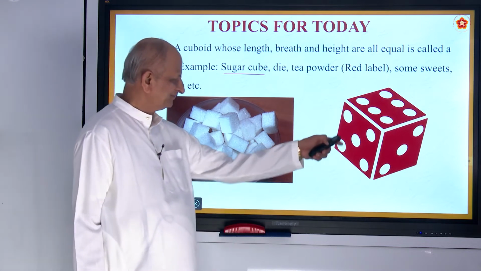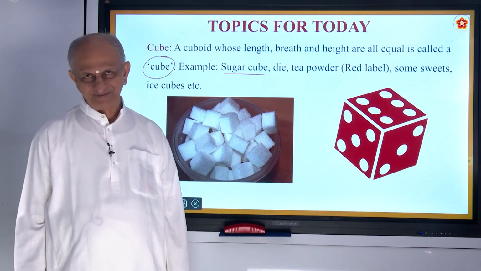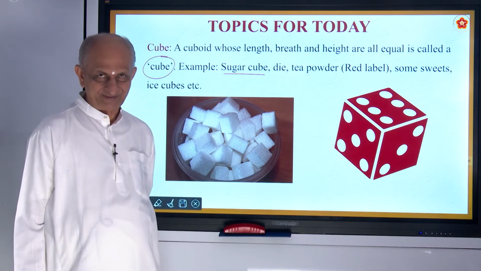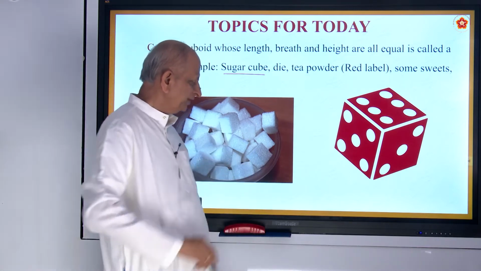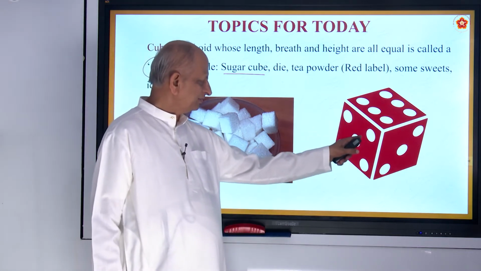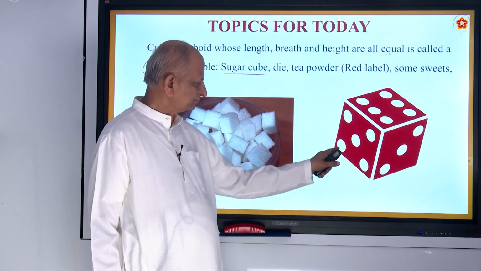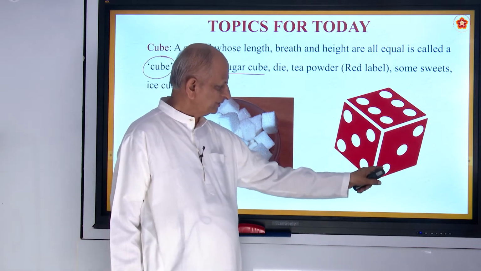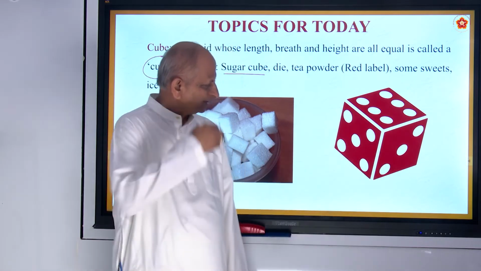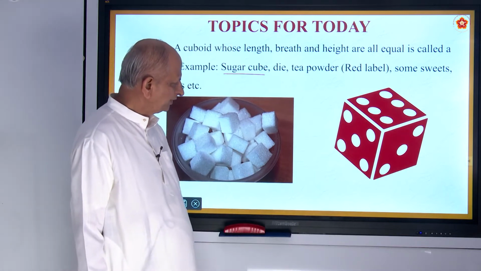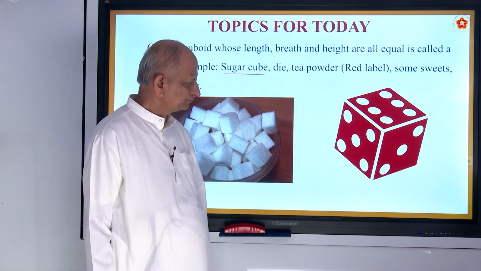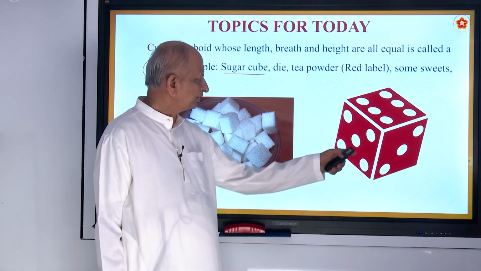This is a die. A die will have how many faces? 6 faces, correct? On every face there will be a mark. For example, in this there are 5 dots. Here there are 6 dots. There are 3 dots. On another side you have 1 dot, 2 dots and 4 dots. Okay, that is a cube.